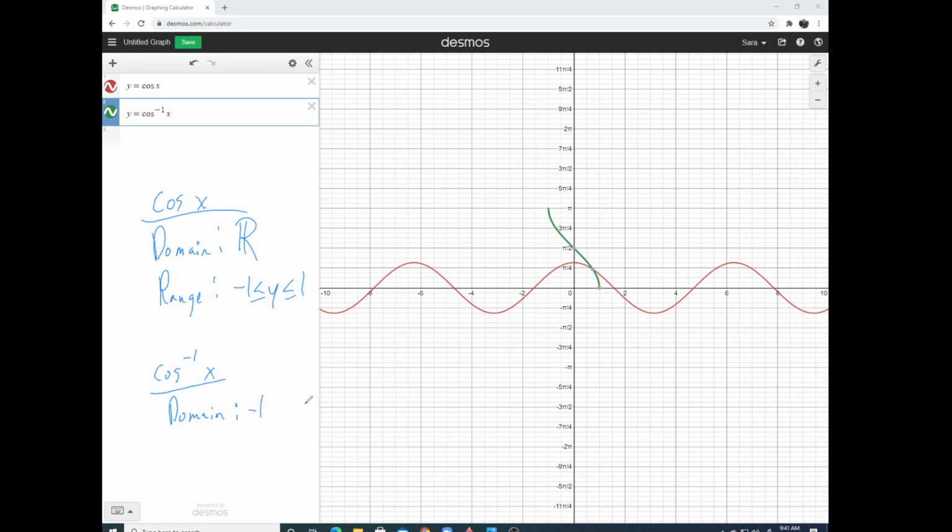I do still go from -1 to 1, but of course, since it's a domain now, it's my x's. My x and my y properties switch. But on this one, the y values only go from 0 to pi, not from negative pi over 2 to pi over 2.